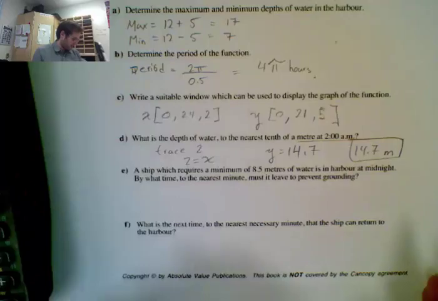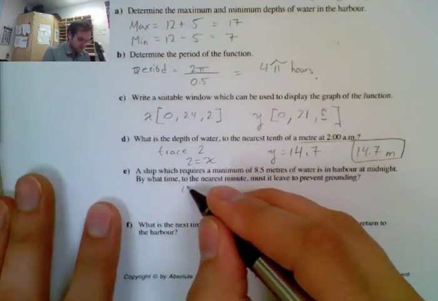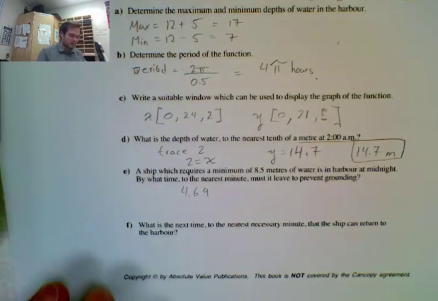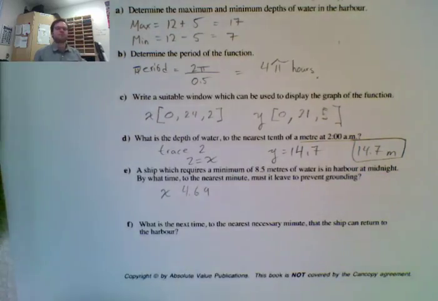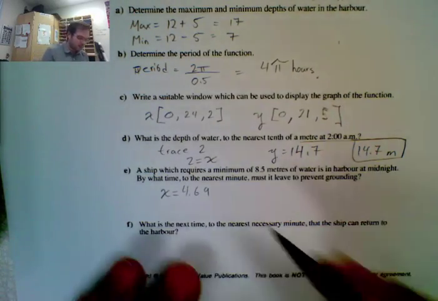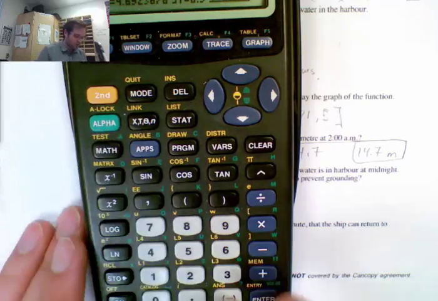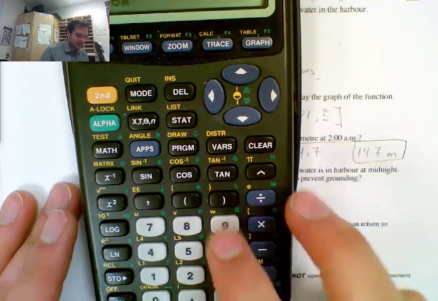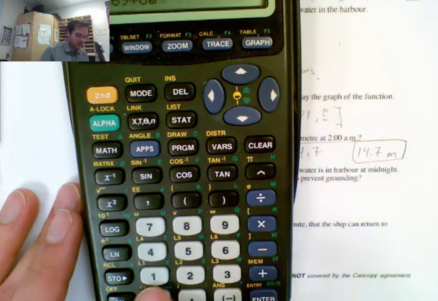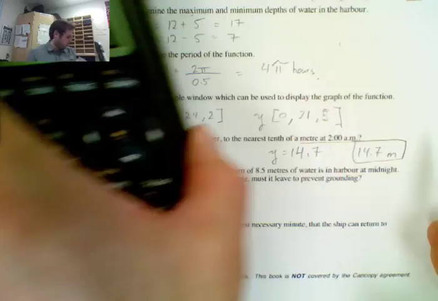So that's going to be my x value equal to 4.69, but I want to know what time that is. So that's 4 hours and 0.69 of 60 minutes. So I'm going to go second quit, 0.69 times 60 is going to give me 41.4.